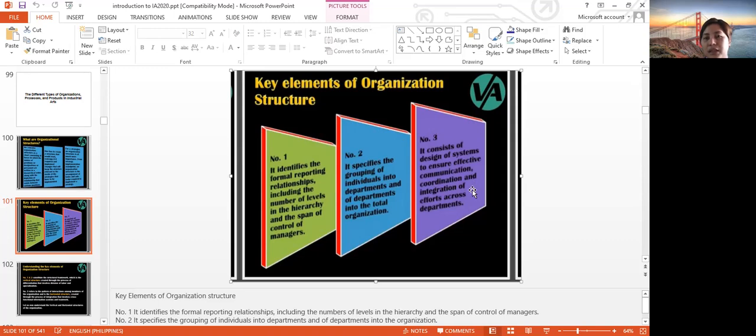Number three is all about coordination and integration, that's why it's horizontal. That's why it's said to be decentralized, because they are free to ask for an opinion from other co-workers, although that co-worker is not part of their department. As long as that co-worker can help them in solving their problem, so be it.